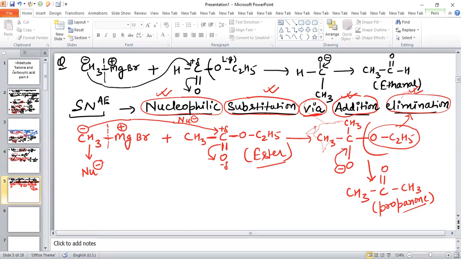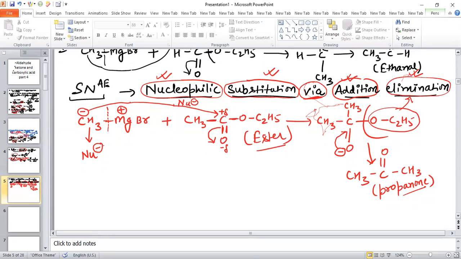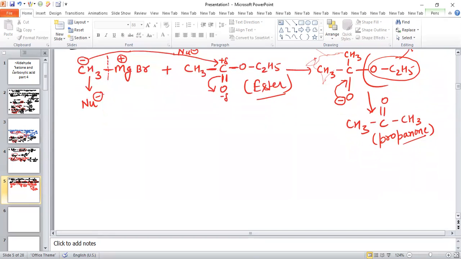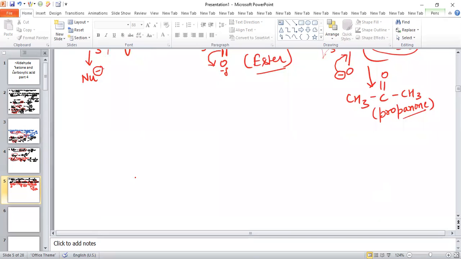Now see some more methods for the preparation of aldehyde and ketone. There are some more methods which are related to preparation of aldehyde and ketone. So you can easily identify the preparation of ketone. How will preparation of ketone occur?